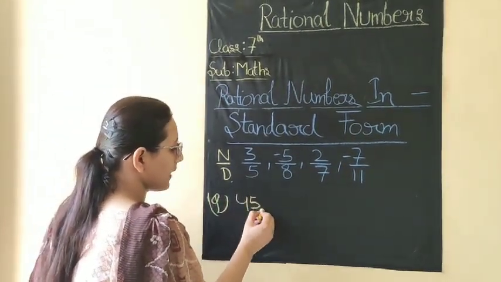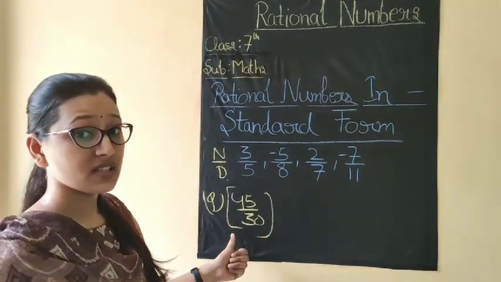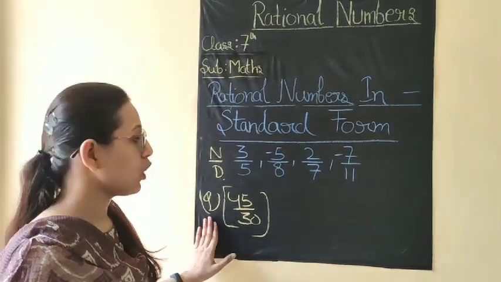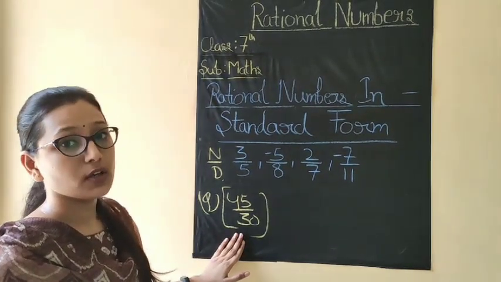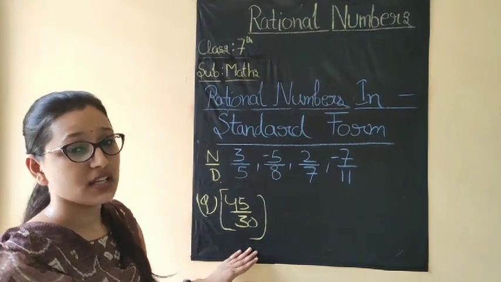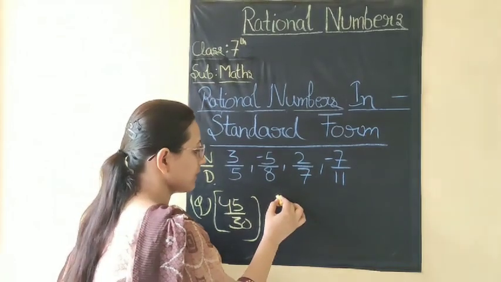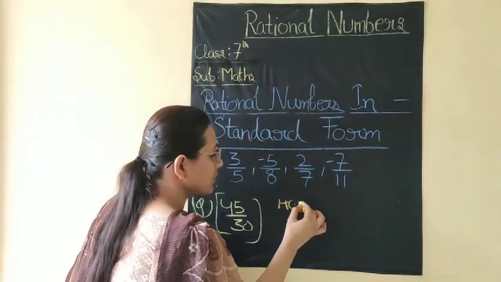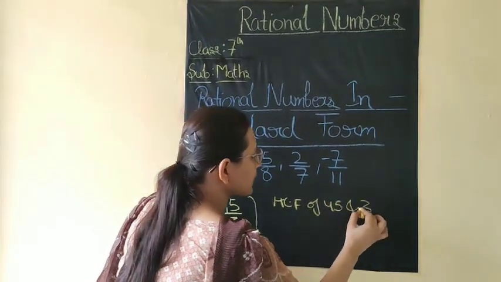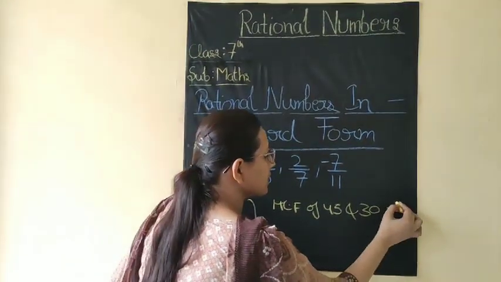45 by 30. So is this rational number in standard form or not? No, this is not in standard form because it does not have only one common factor. So we will reduce it to standard form. First we have to take the HCF of 45 and 30. So the HCF of 45 and 30 is 15.